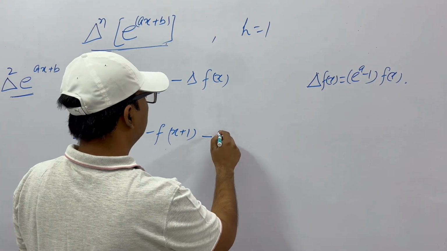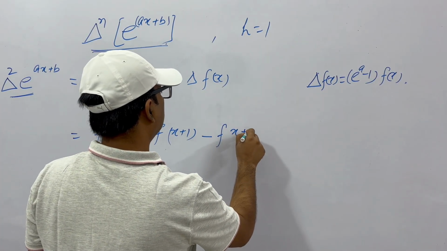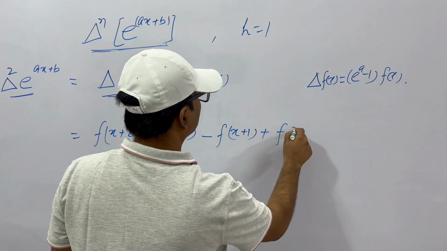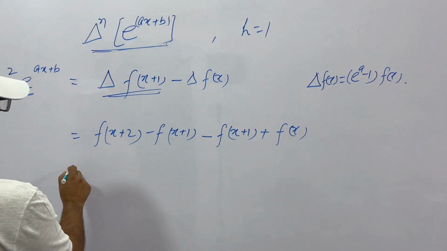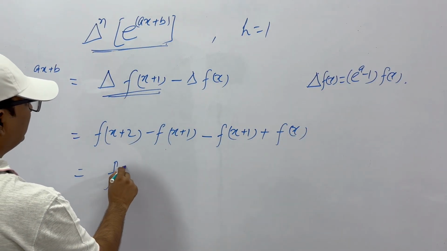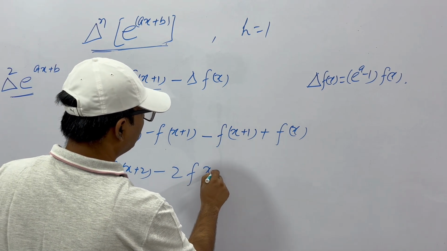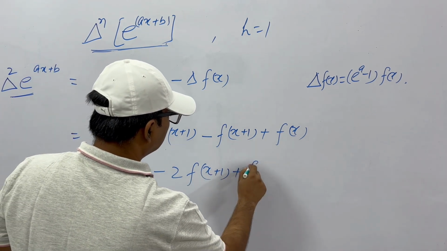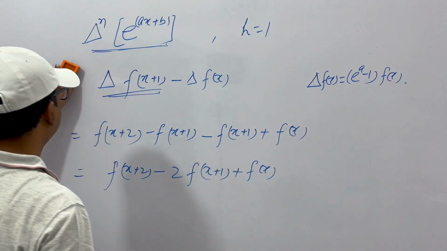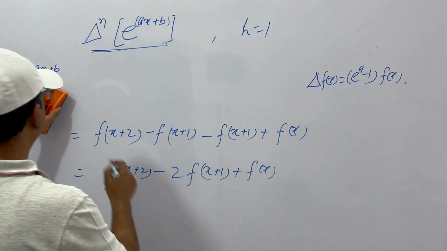We had done this. So effectively we get f(x plus 2) minus 2 f(x plus 1) plus f(x). So let's put the value here.